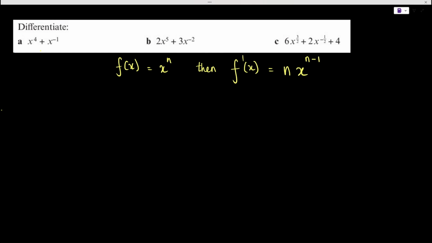So what we do here is we move the power of x into the coefficient of x, so multiply it with the coefficient, and then we subtract 1 from our power.